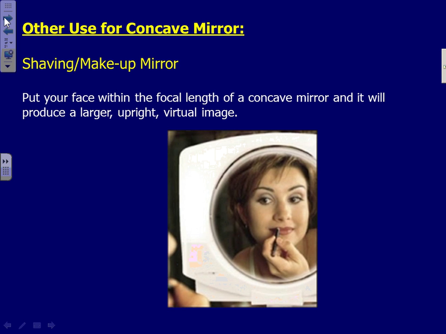Like this? See? See, like this? Right there? No? Nothing? You're averting your eyes? That's funny stuff, isn't it? Here, you want to check it out? Ooh, that's fun. Who wants to see it? Who wants to have their face within the focal length?